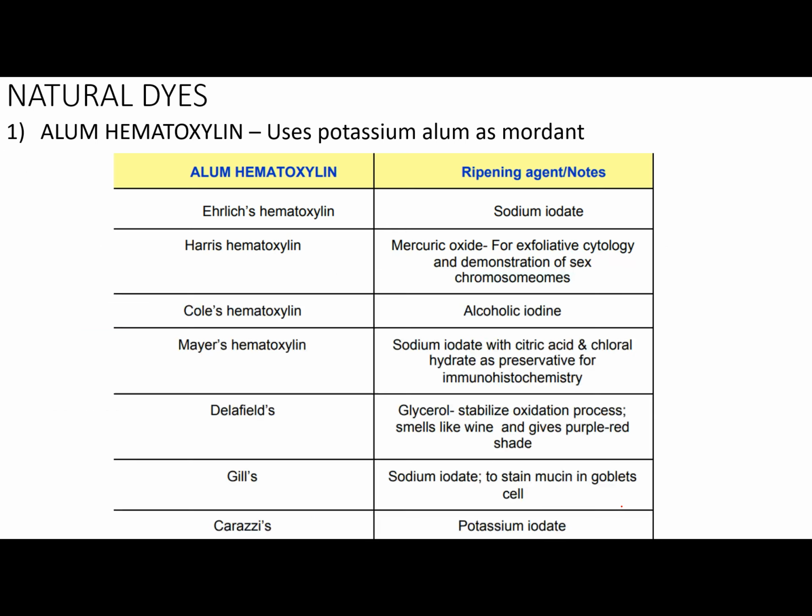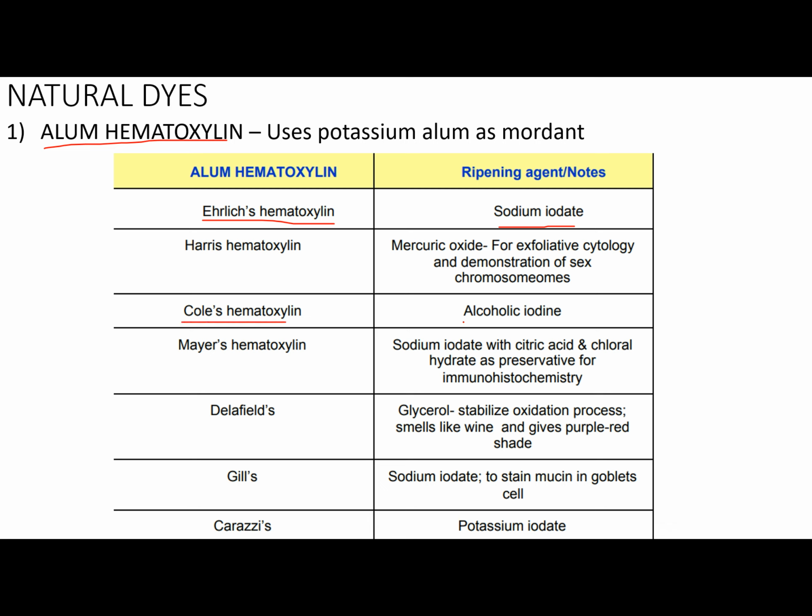So let's continue. The most common variation of hematoxylin used, class, is the alum hematoxylin. It uses potassium alum as a mordant. So we have here Ehrlich's hematoxylin, which uses sodium iodate as a ripening agent. Harris hematoxylin, mercuric oxide, for exfoliative cytology and demonstration of sex chromosome.